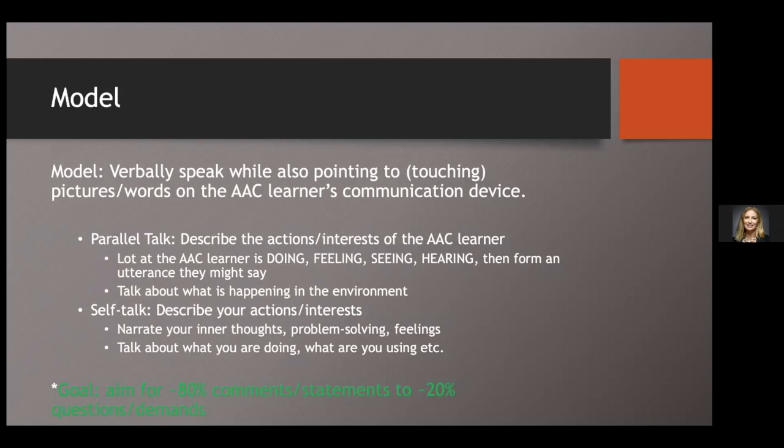Sometimes we get pressured because we want to make sure that the child understands the different icons, symbols or drawings on the device, but that's not going to teach the actual communication. So just like what Janelle was saying, it really is important that we do the parallel talk and the self-talk whenever we're trying to model.